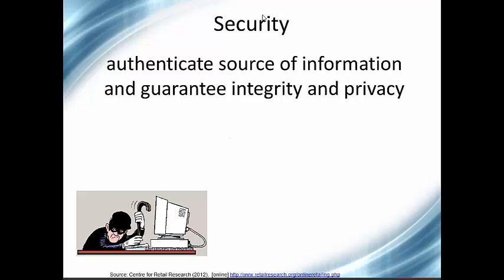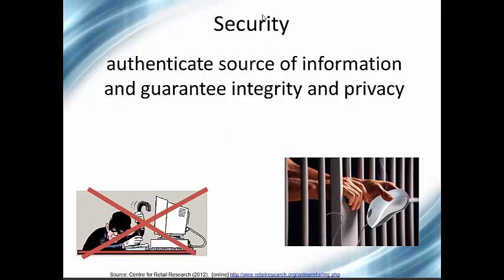Or we've heard situations where you might get an email and you wonder, is this really from the sender on the email address, or is this maybe a phishing attack? With security, there's a lot to know. But basically what we want to do is prevent hackers from getting at your information. In fact, this is part of the law, that you actually have to keep your system secure. We definitely don't want anybody here ending up in prison.